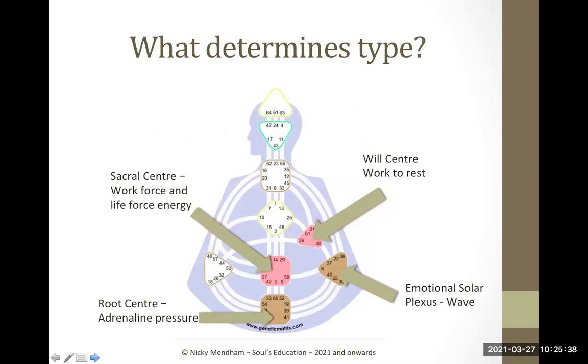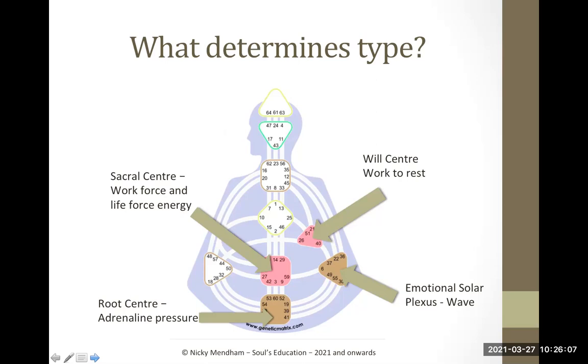Your type comes from the different centers that are defined. When we see them colored in, this is called a defined center, and there are 4 motor centers. The sacral center is the workforce and the life force energy, and this depicts the energy that runs through the generator types, which we'll look at in a second.